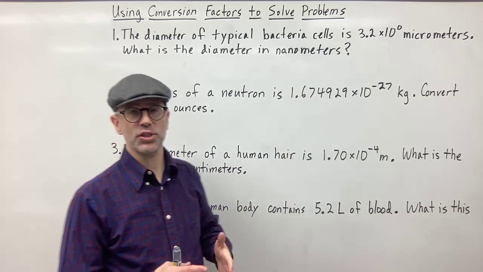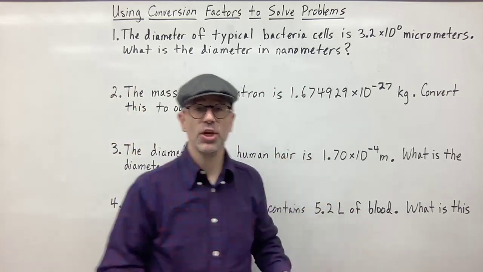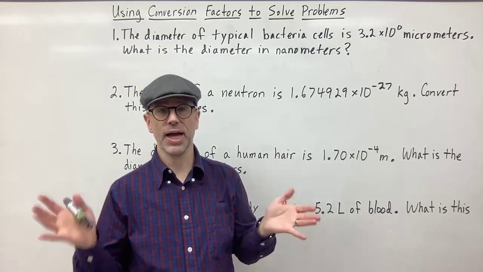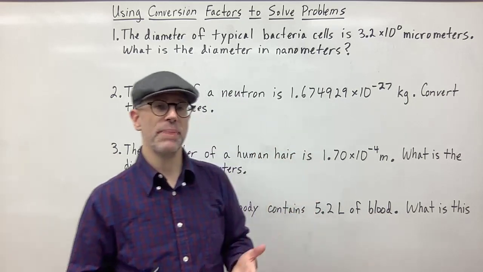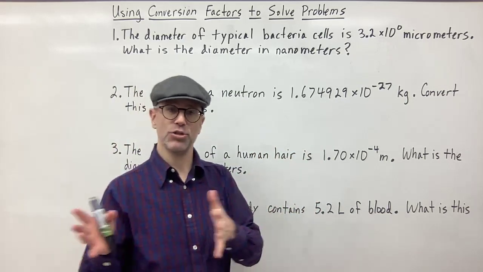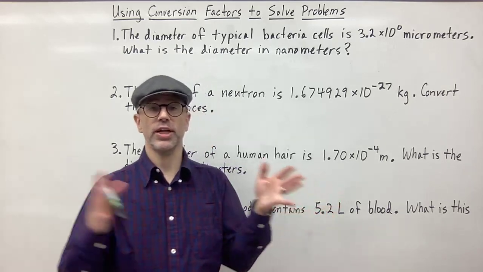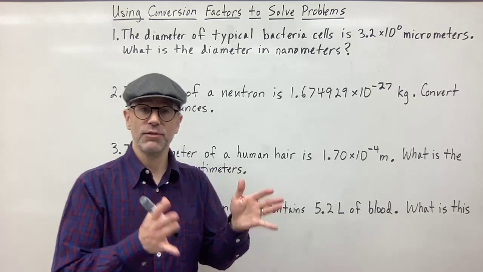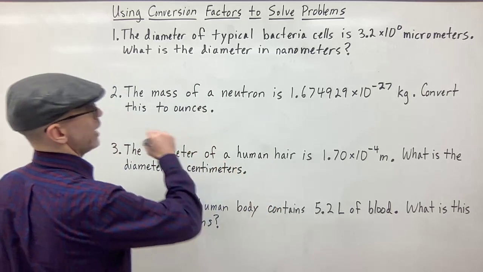When you do conversion factors from one metric unit with a prefix to another metric unit with a prefix in the same category, in this case length, you use the base unit as a middleman. So you convert to the base unit, in this case meters, and then convert the base unit to the other prefix unit. So let's go ahead and do that.